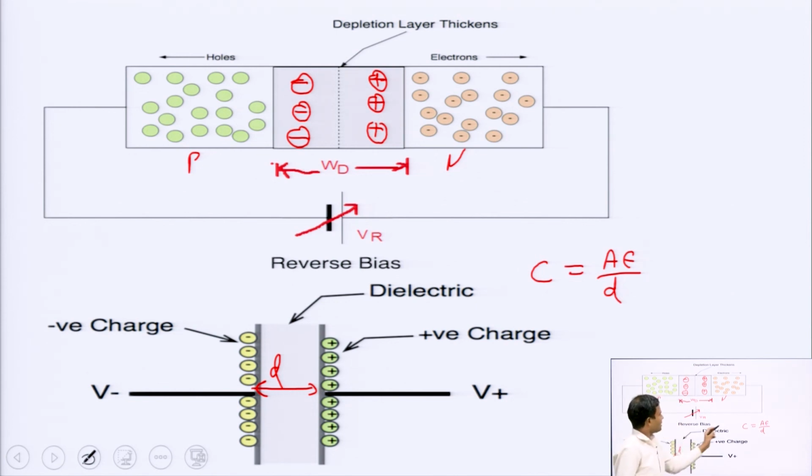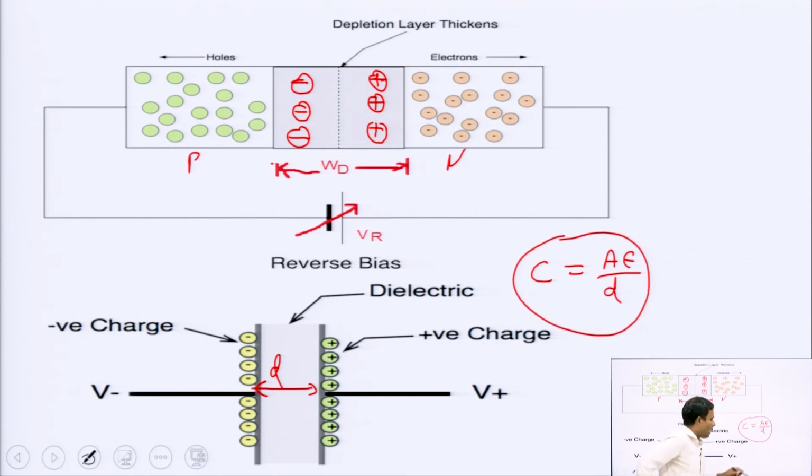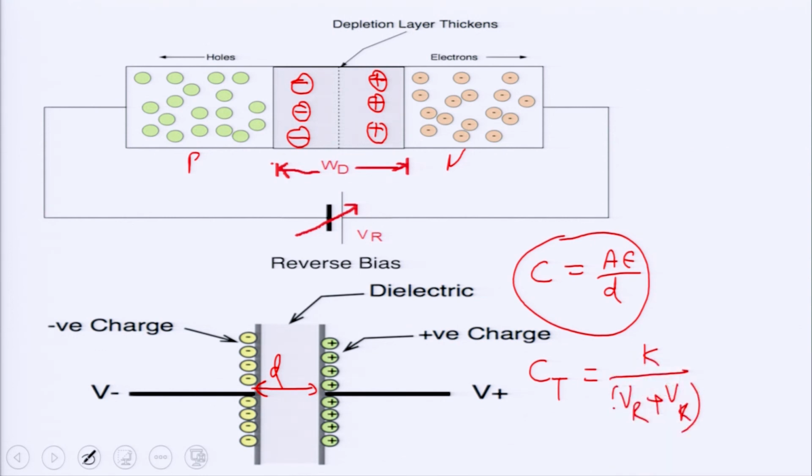For the parallel plate capacitor, this is the capacitance formula, but for the diode, this capacitive behavior is called transition capacitance, and transition capacitance is equal to K upon (Vr plus Vk) whole raised to the power n, where K is the proportionality constant, Vr is the reverse voltage and Vk is the knee voltage.